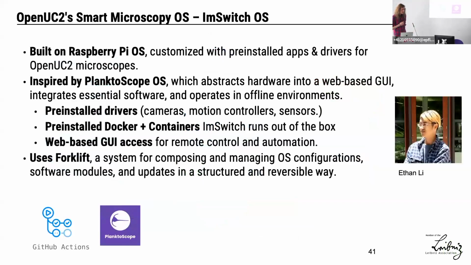Yeah, and also one mission from our side is to make not only the hardware simple, but also the software. So we're teaming up with the people from Manu's lab. So Ethan, he and the people from the Planktoscope, they have this mechanism to kind of create an operating system based on your needs.